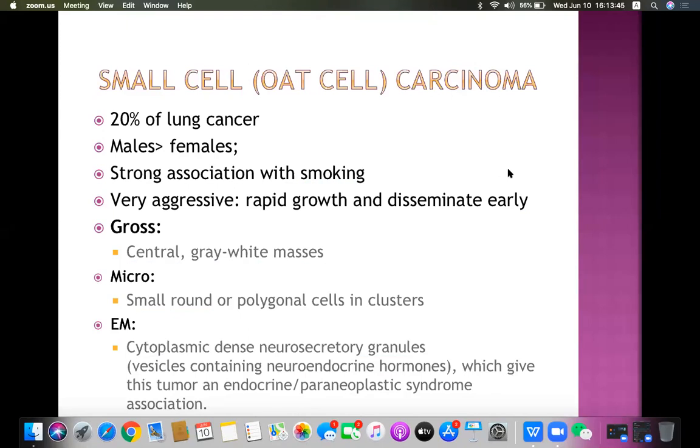When a tumor produces that, it will stimulate the adrenal gland, and the adrenal gland will secrete cortisol hormone. Cortisol is a glucocorticoid, so excessive glucocorticoid will give rise to Cushing syndrome. So Cushing syndrome is an example of paraneoplastic syndrome in this case. This is a very important example.